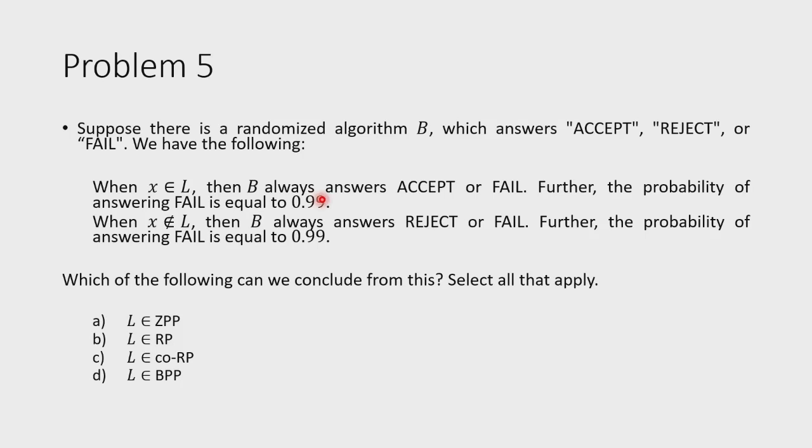Is this fine? So then our L is in ZPP. If you're not convinced, I can work this out. I have some space over here in problem 3. Should we work this out or is it fine?